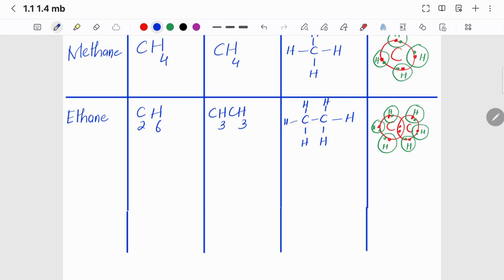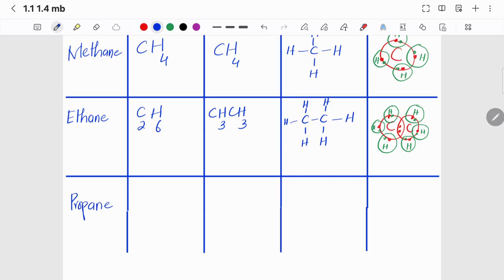So moving towards the third member of the alkanes, that is of course propane. Now make the molecular formula using the general formula CnH₂n+₂. It would be C3H8.